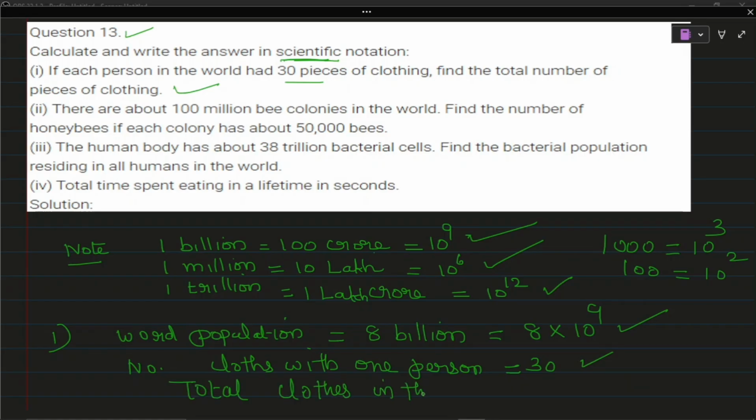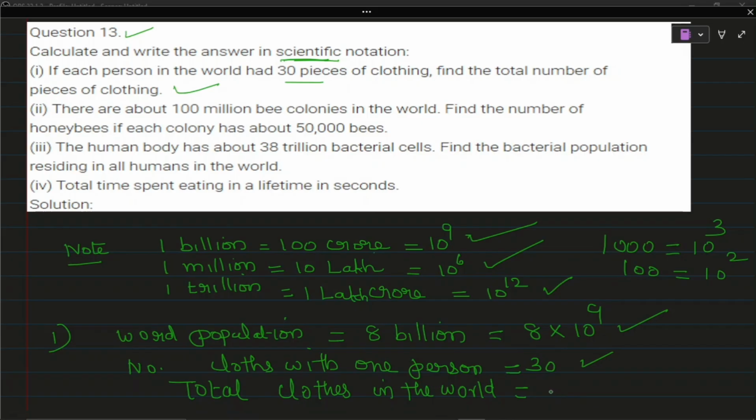Total pieces of clothes in the world, you can find by this: 1 person has 30 pieces of clothing, 2 persons, 2 into 30. If there are 3 persons, total number of clothing is 3 into 30. So here in the world 8 into 10 raised to 9 people are there.